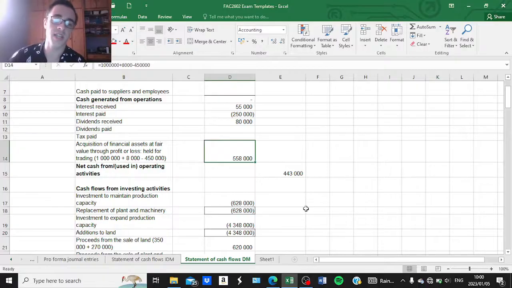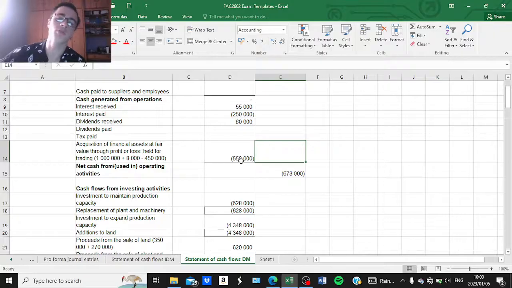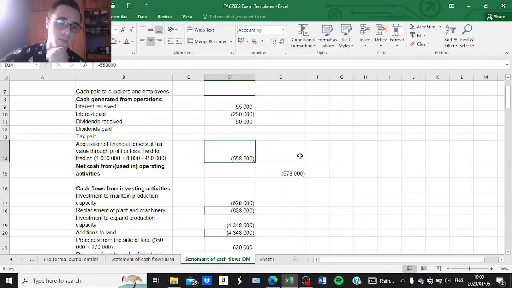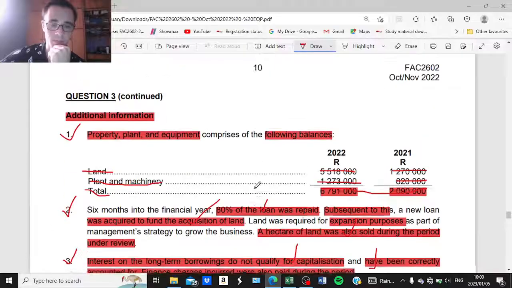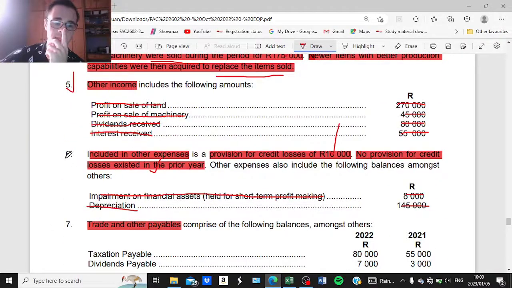And because it represents an outflow of cash, this must be shown as a negative amount because additional financial assets were purchased during the year. Okay, just for confirmation, we can start with the opening balance of 450,000. We add the additional financial assets of 558, and then we subtract the impairment losses of 8,000. This will give you the closing balance of 1 million Rand. That is just for confirmation purposes. All right, we are done with additional information point 6.